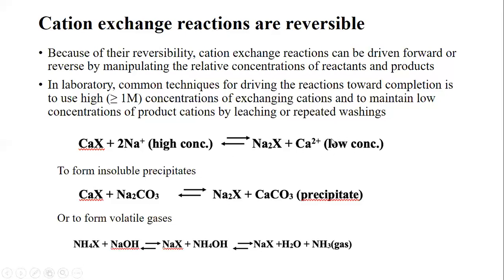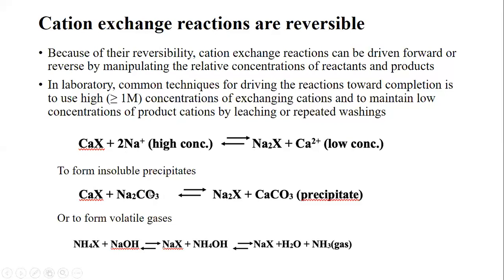So we need to keep this concentration low to form insoluble precipitates. So we can see how we can make this one low by adding, say, sodium carbonate. Here we put just the ion, but if we add it in the form of sodium carbonate, it still gives you 2 sodium plus, and then it will give you the carbonate ion.